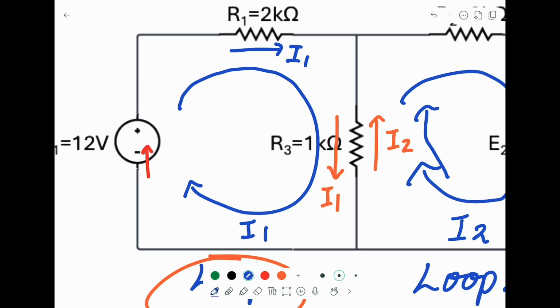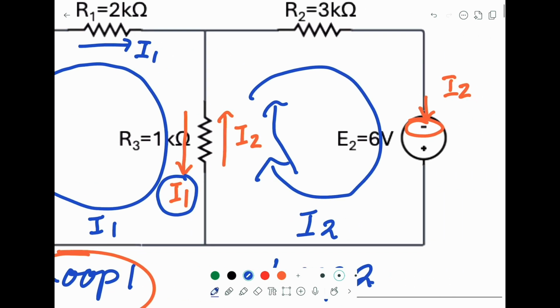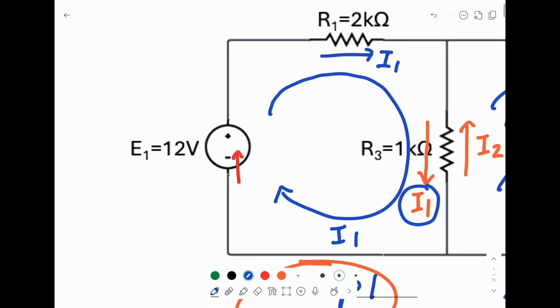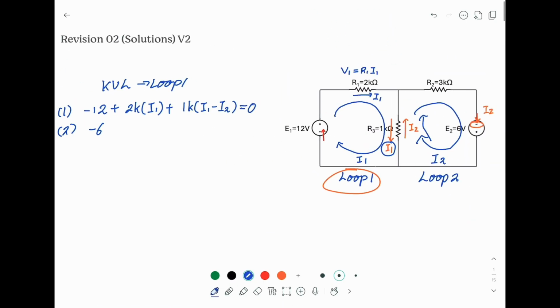And again, I1 is opposite to I2. So the overall current passing through R3, we can say, is I2 minus I1 from the perspective of loop 2.